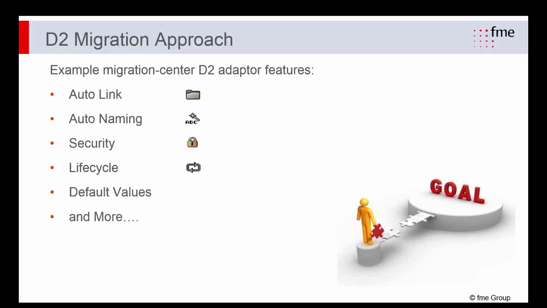So here are just some examples of what it means to be D2 aware. From a data migration perspective, what we've done is analyze the D2 architecture and implement a module, what we call an adapter, that supports the importation of documentation from your source environment, let's say a historical document repository.